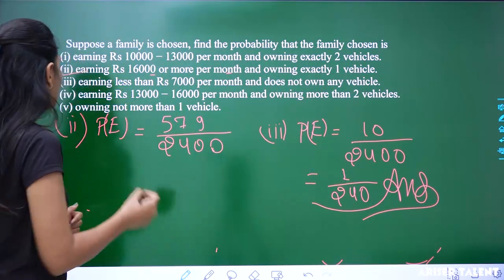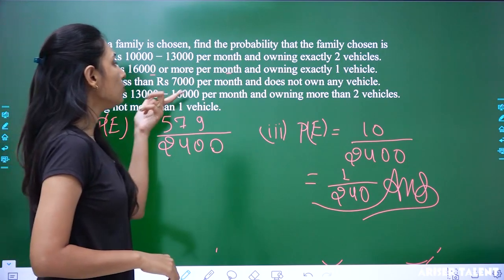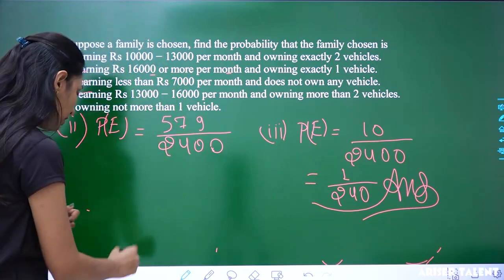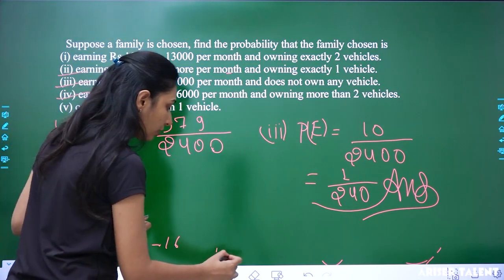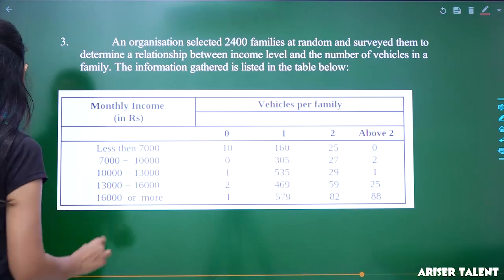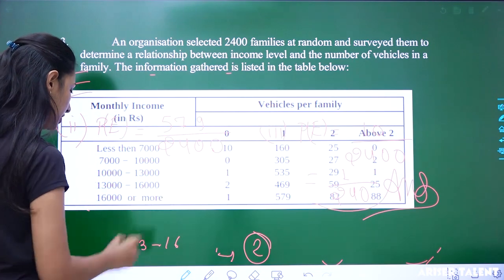Okay, let's move to another one. Fourth one, earning rupees 13,000 to 16,000 per month and owning more than 2 vehicles. So what is the range? 13 to 16,000 per month and owning 2 vehicles. Okay, so let's have a look at that too. 13 to 16, this is the range here.